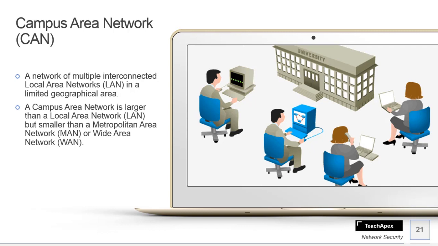It covers an educational or corporate campus. That's why it's known as campus area network. It's larger than a local area network but smaller than a metropolitan area network and the wide area network.